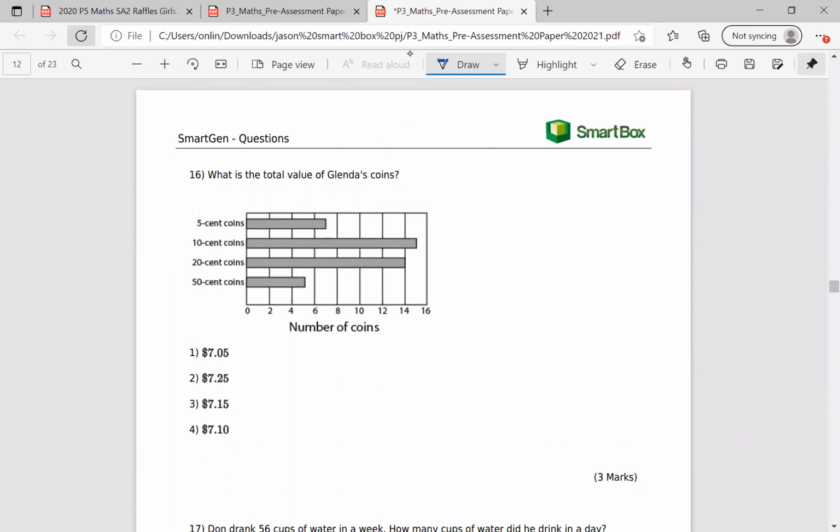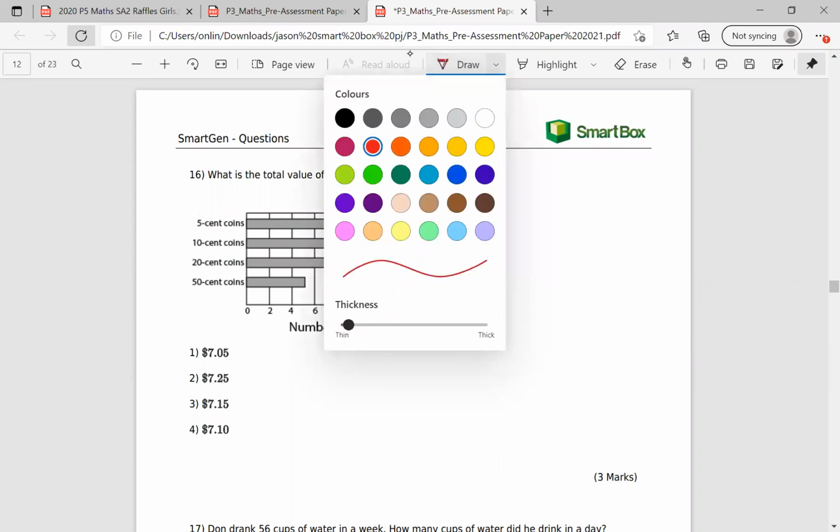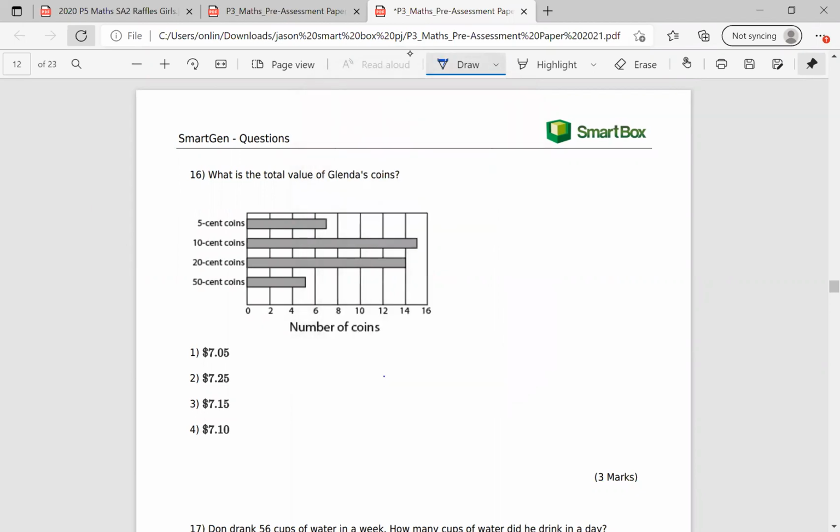So the next question, we have question 16. I think it is quite easy if you read the graph correctly and don't make any careless mistakes. So let's start with looking at the graph first. Here, this is in between 6 and 8, which means that we have 7 of this.